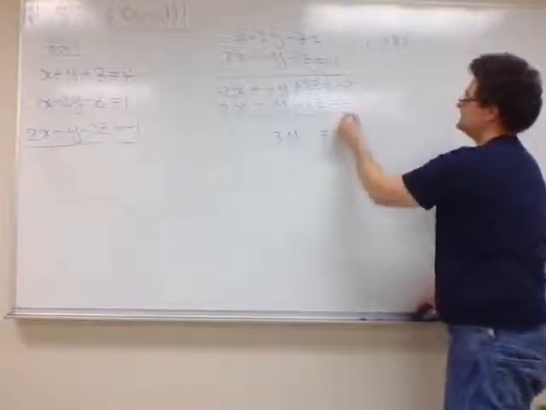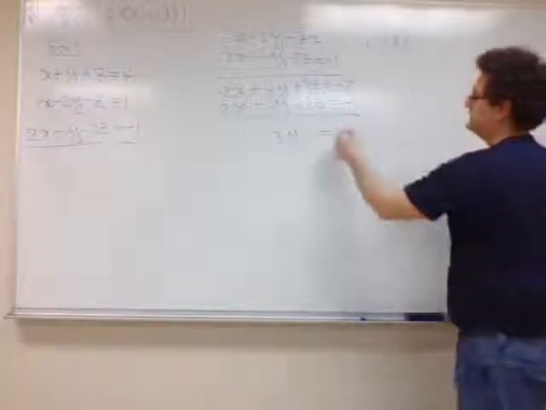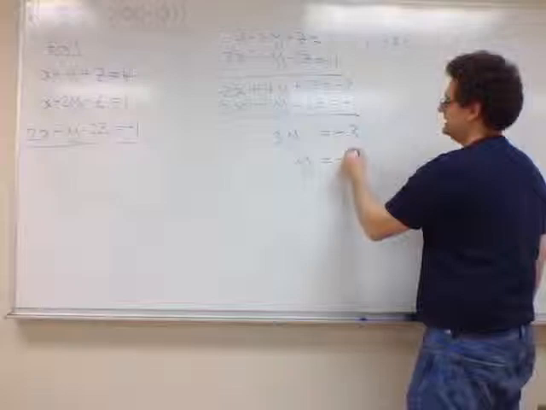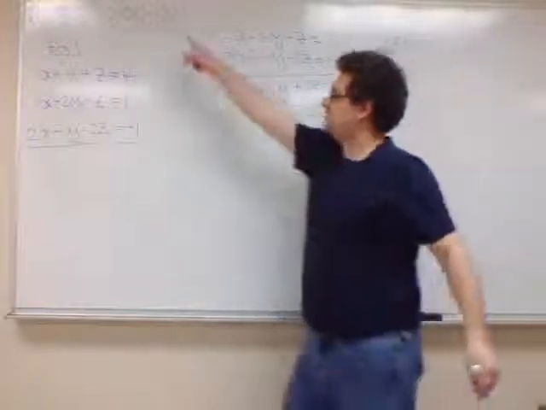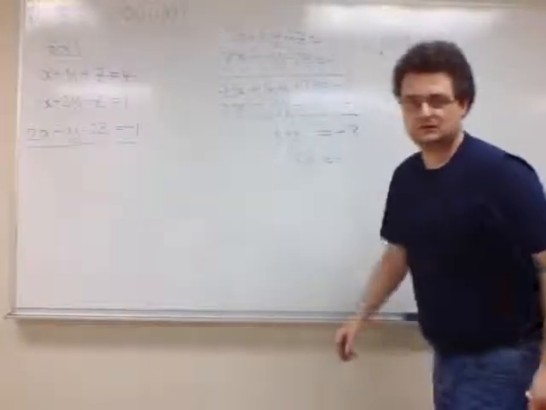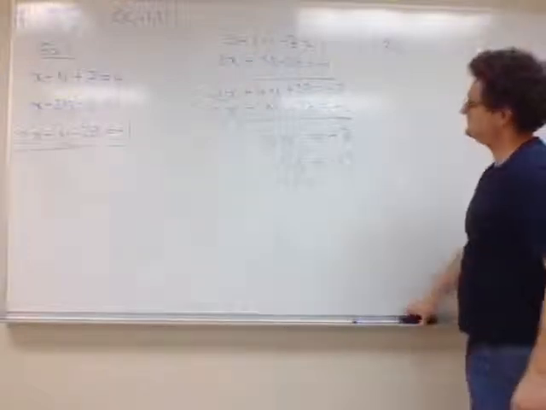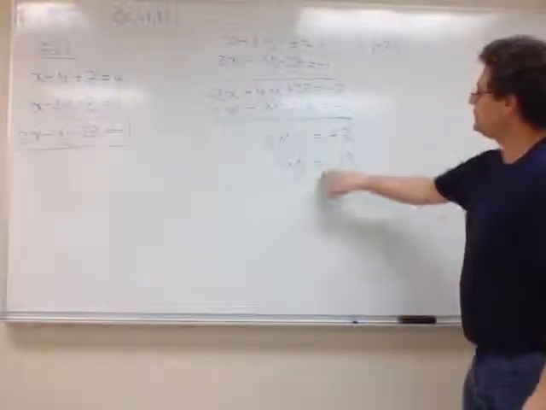So this is -1. We have -2 minus 1, that's -3, and that means y should be -1, which is exactly what we got in the previous way. Can you see that? Yes, you can. Okay, y is -1.